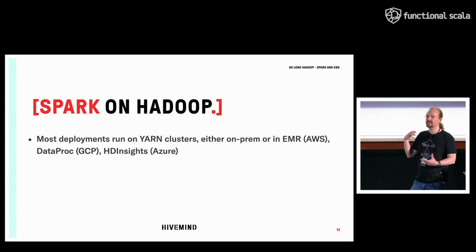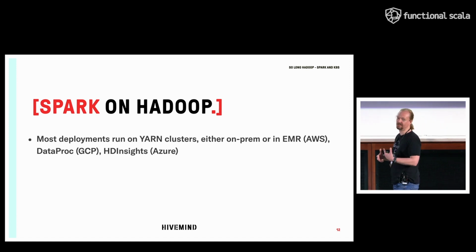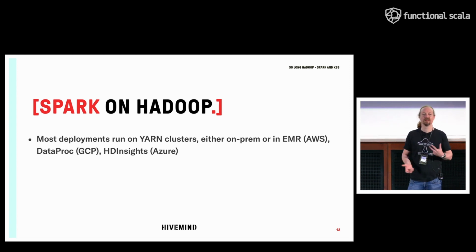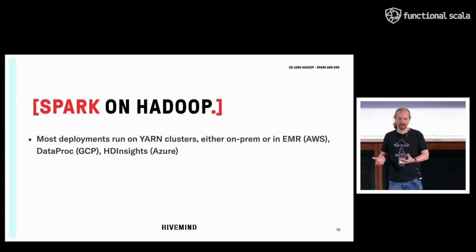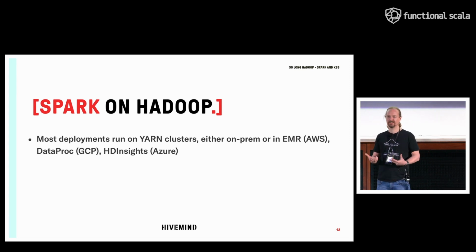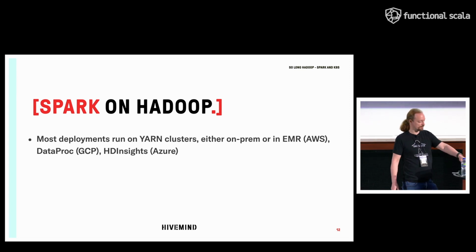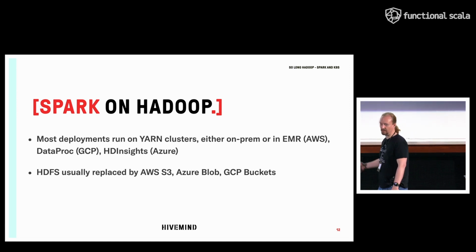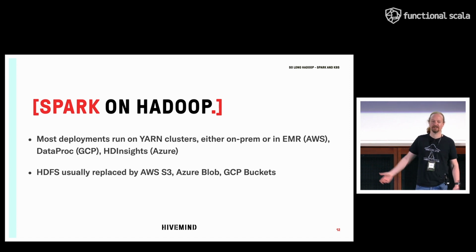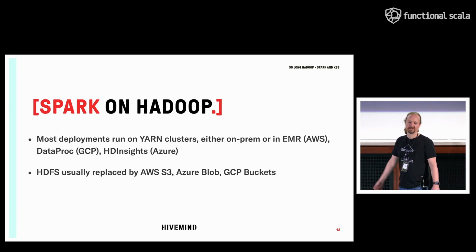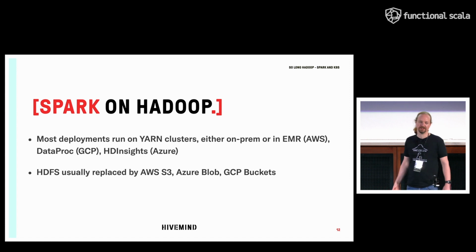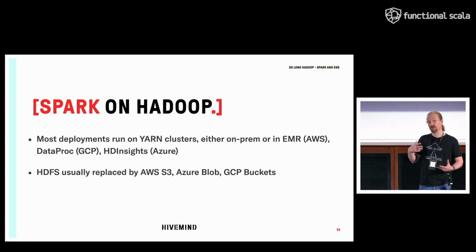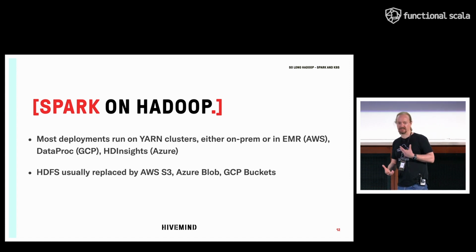And the reason why that's done is that the cloud providers give those managed services and try to take the operational hassle of running a Hadoop cluster away from the users. They do that quite well, but it's still a pretty complex system with lots of moving parts. HDFS nowadays, the venerable Hadoop distributed file system, has been largely replaced by buckets, be it S3 or Azure blobs or GCP buckets, because they also behave pretty much like HDFS as object stores.